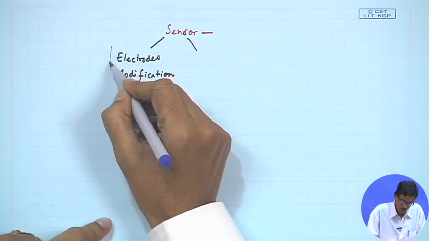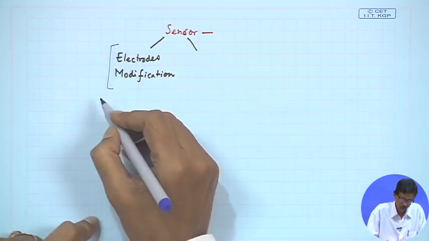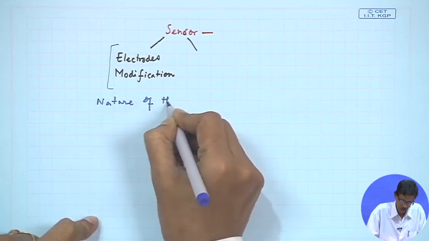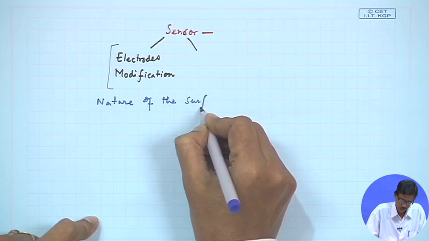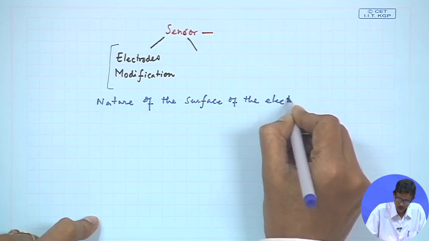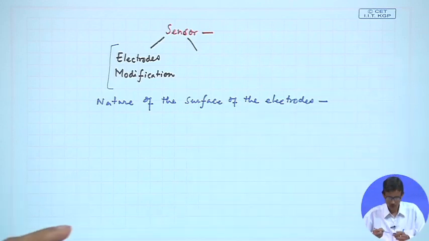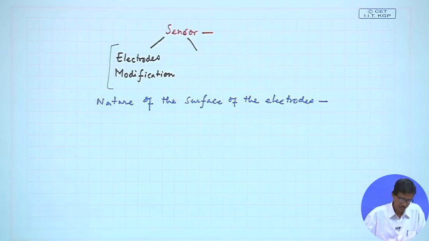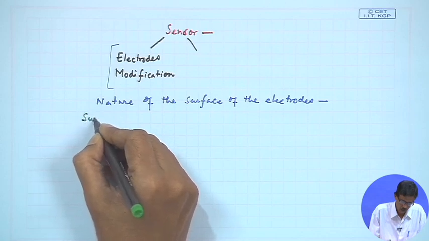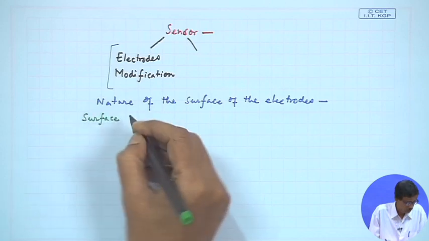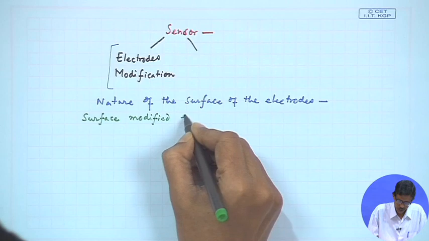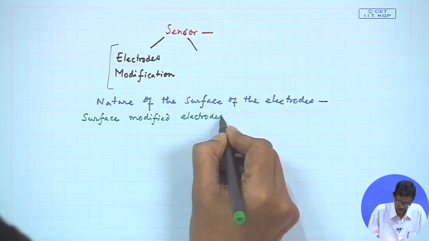Once we change the nature of the surface of the electrodes, the resulting electrodes are known by a very common terminology: surface modified electrodes.